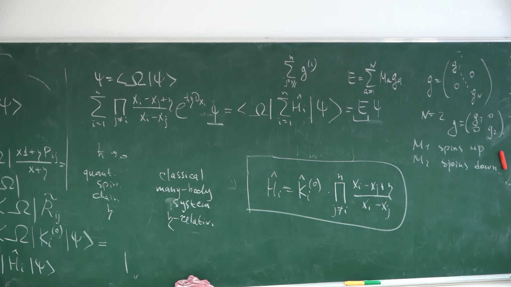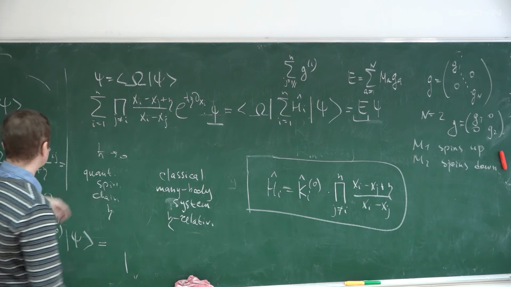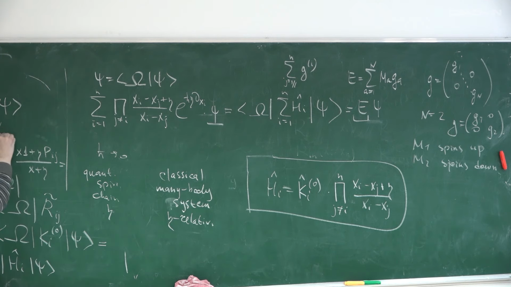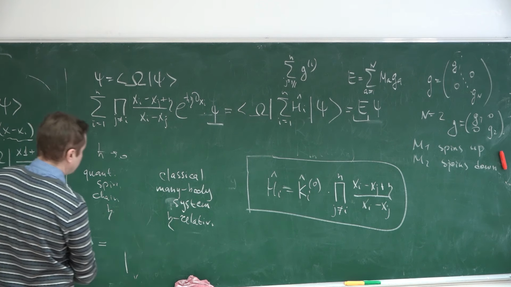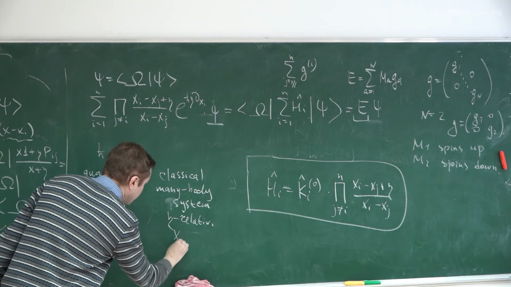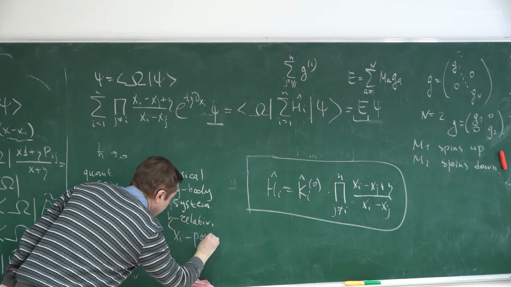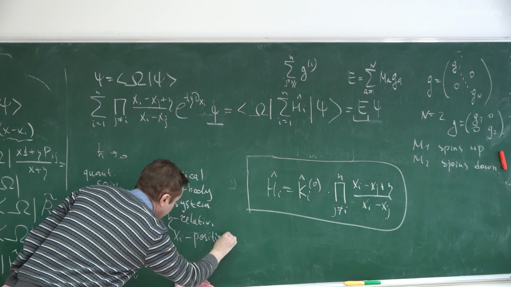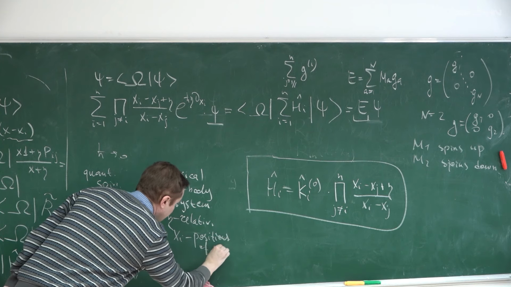Now, you see that the inhomogeneity parameters, the parameters which were entering R matrices and the products in the monodromy matrix, these xi are positions of particles.